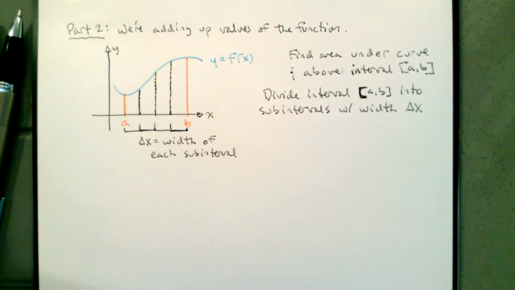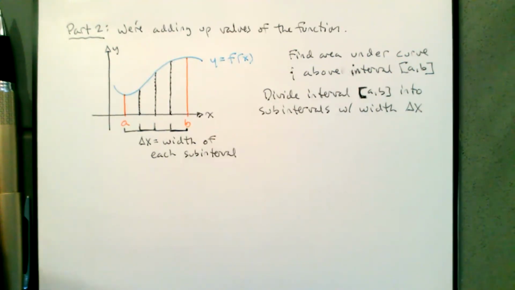Now what we need to do is pick a value for the function on each interval. So on each subinterval, we're going to choose an x value, and we're going to evaluate the function at each of those points.